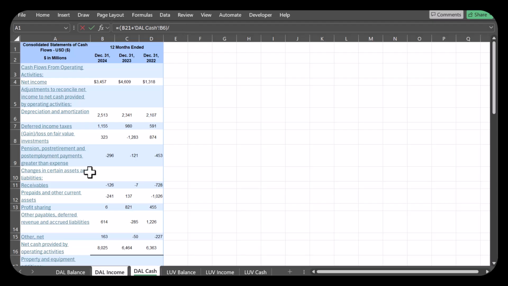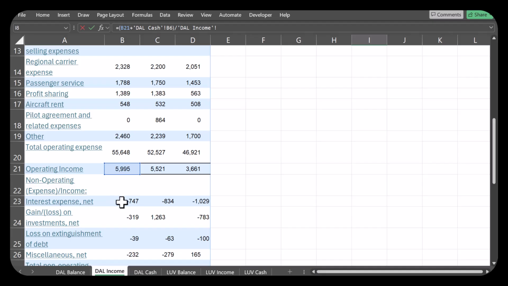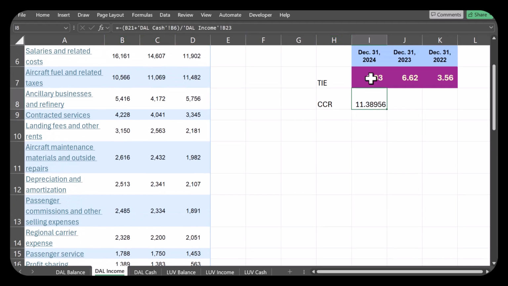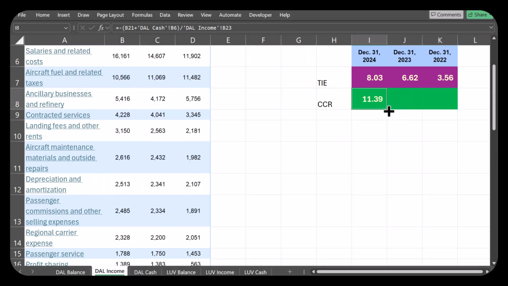Divided by net interest expense and put a negative in front of everything. You should always have cash coverage ratio greater than the times interest earned anyway.